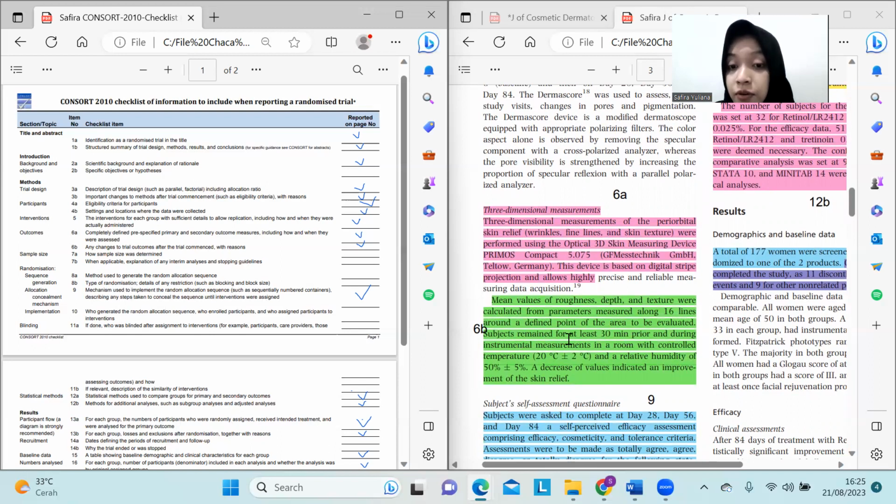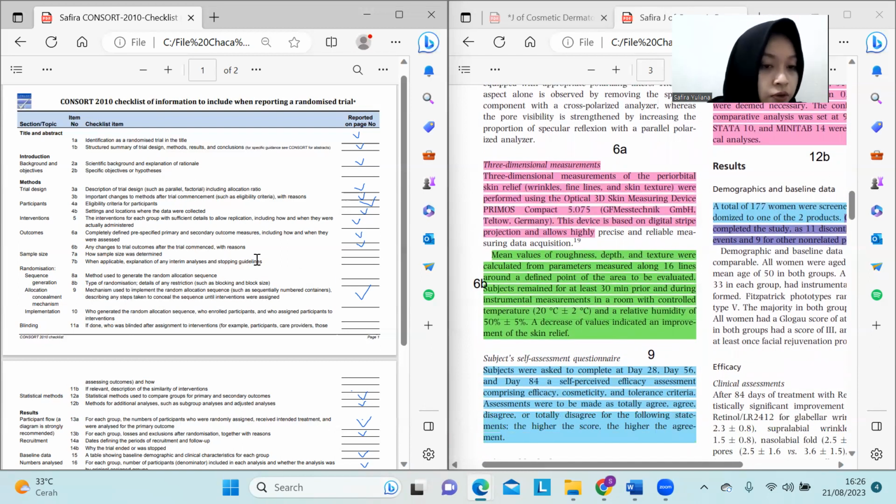Subjects remained for at least 30 minutes prior to and during instrumental measurement in a room with controlled temperature in the range of 20 Celsius plus or minus 2 Celsius, and a relative humidity of 50% plus or minus 5%. A decrease of a value indicates an improvement of the skin relief.